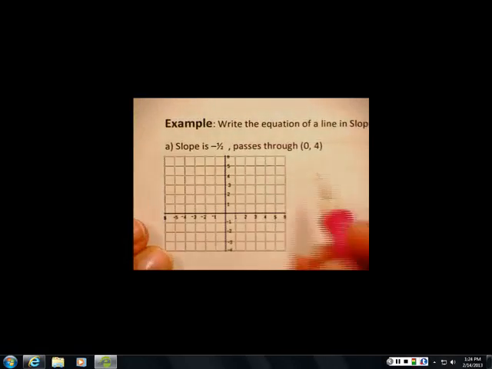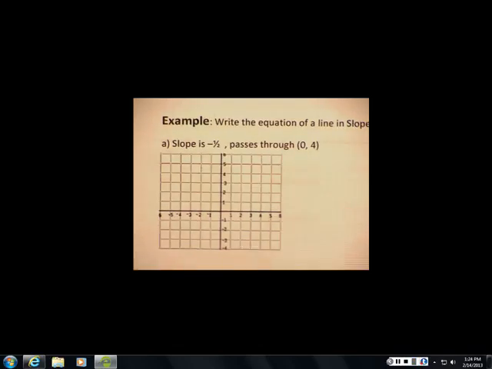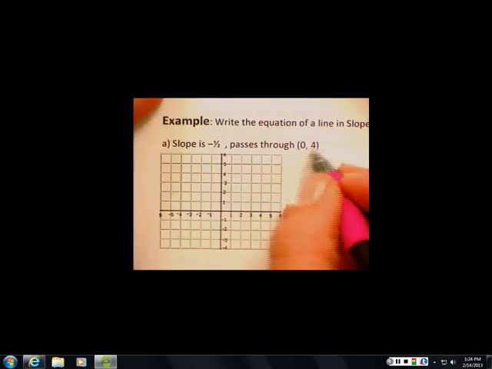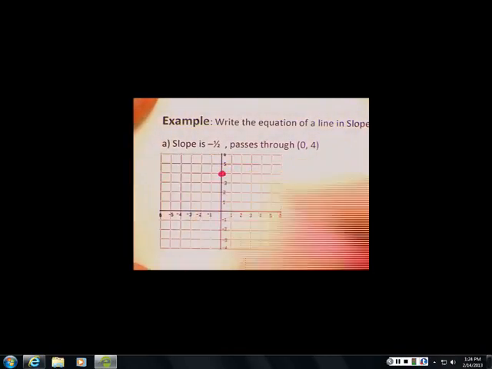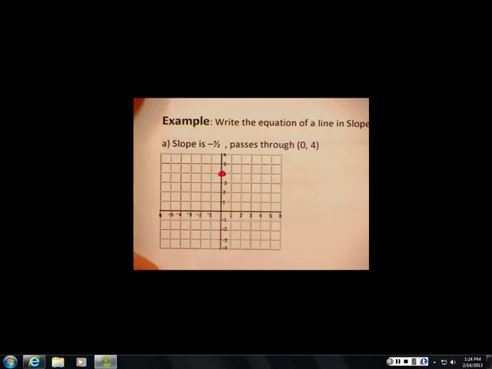It says, write the equation of a line in slope-intercept form given the slope and a point on the line. Zero, negative 4. I'm going to plot that. 0, negative 4 is right here. That is my y-intercept, isn't it?